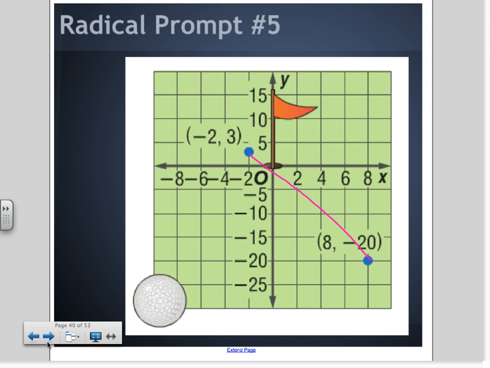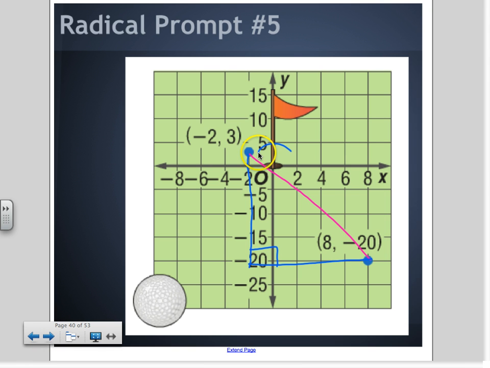Watch what happens. If I'm doing rise over run, does that mean I'm going to have to go down certain units? And in this case, to get to this point, do I go left or right? Right. And all of a sudden, because I go down and go right, this forms a 90-degree angle. And this is a triangle. Right triangle. And it just goes right back to our Pythagorean theorem.